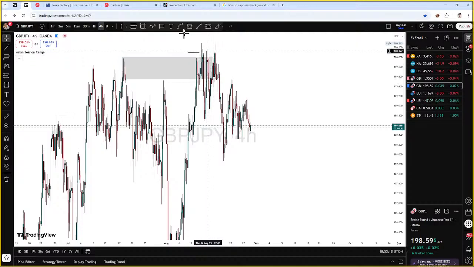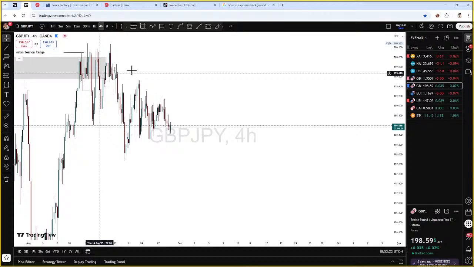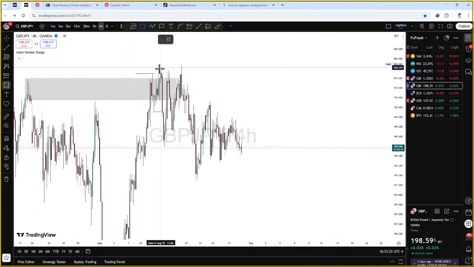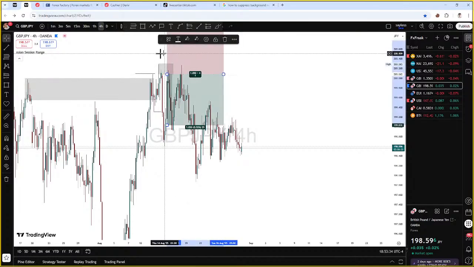If I would have taken this trade based on this change of character, let's say I entered with some confirmation somewhere around above this liquidity now. Let's use this one as liquidity. Let's say this is what warrants my entry based on that change of character.